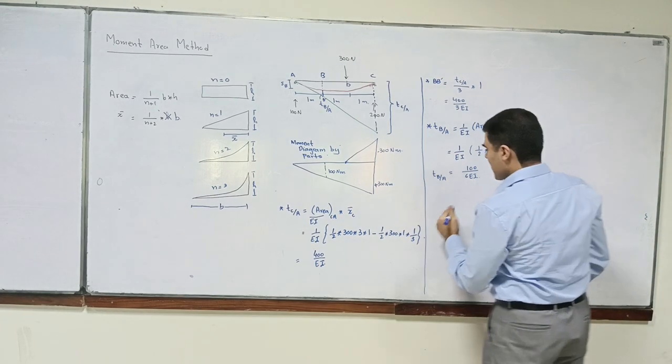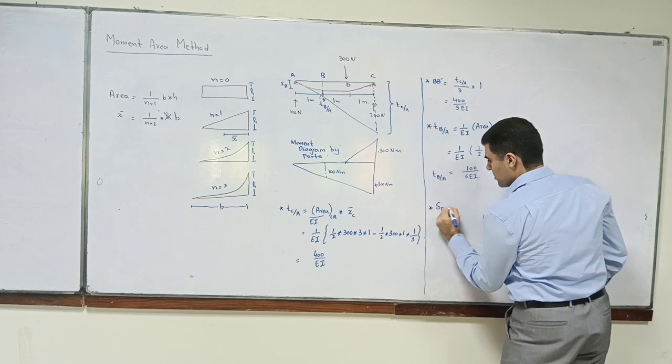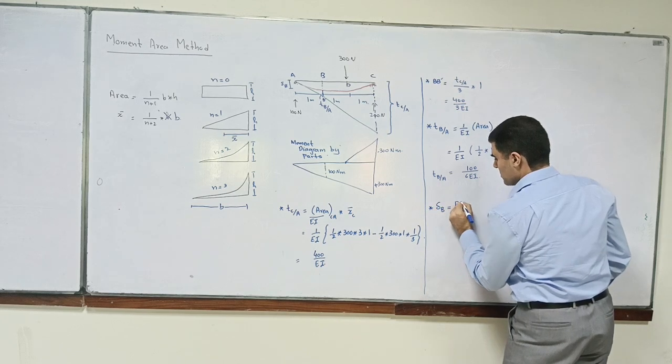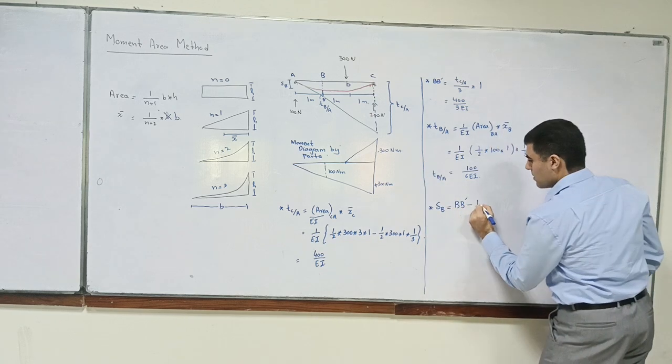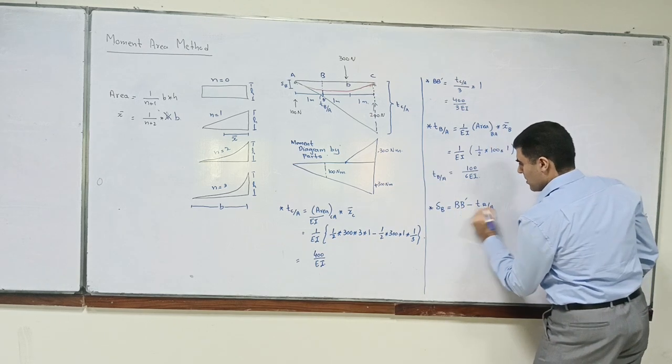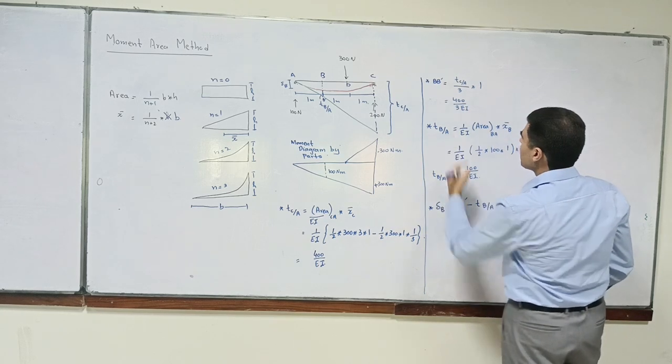Now, what is our delta B? Minus BB prime, divided by EI.